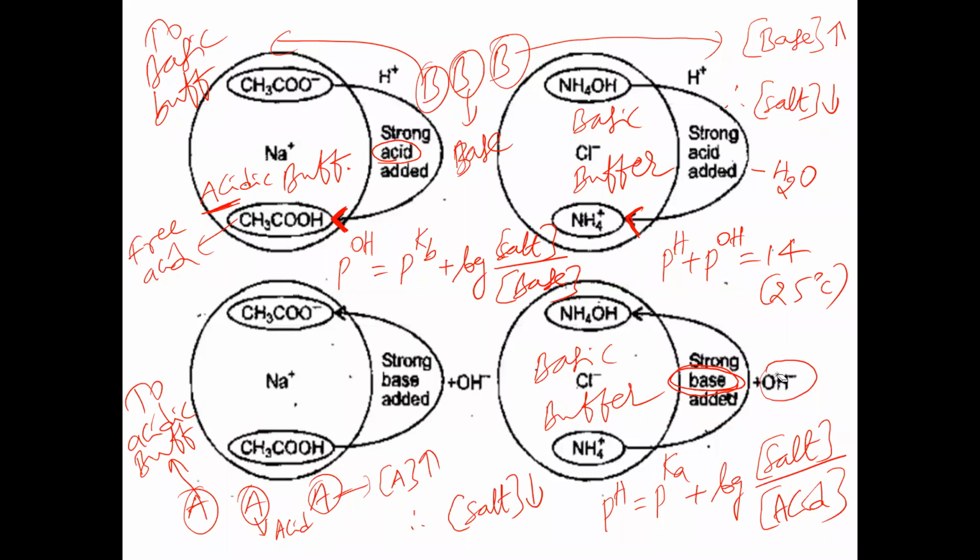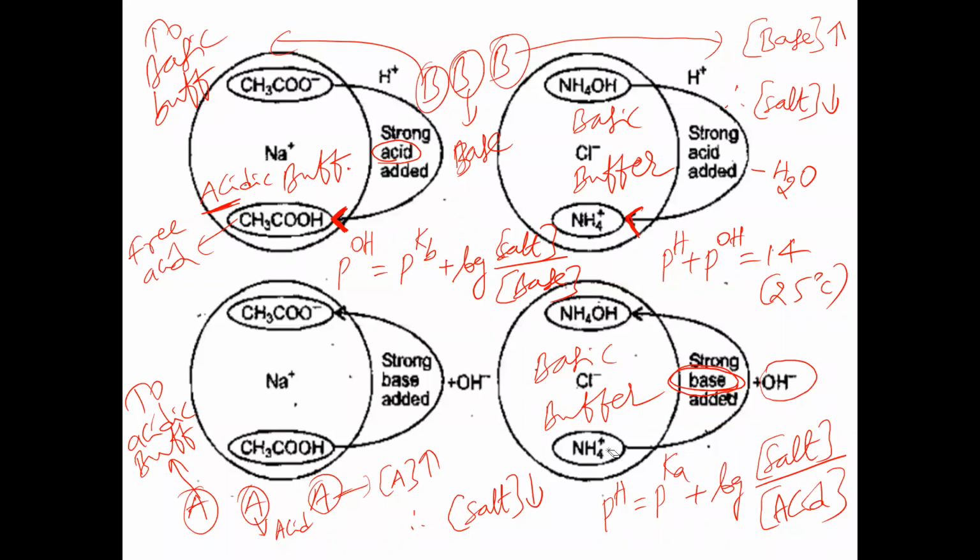Now OH minus will interact with NH4 plus. OH minus is a basic species, and NH4OH is also a base. Base and base will not interact. That's why OH minus will interact with NH4 plus.